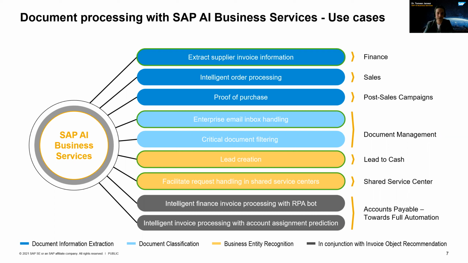Document management: here, for example, managing large amounts of critical documents in legal departments, or responding to email requests in your shared service centers. Today, together with the team, we would like to present to you the 4 most prominent use cases that you can also see marked as green here on this slide.